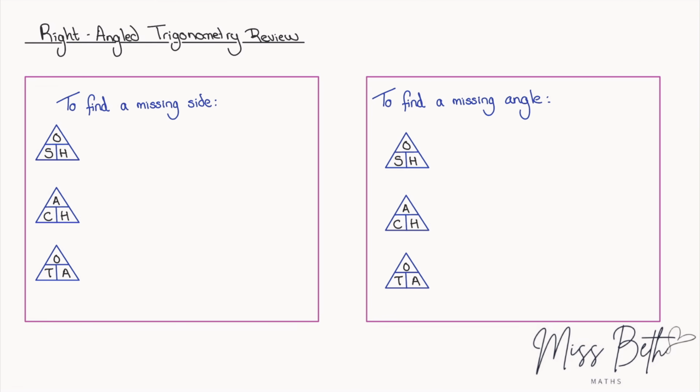Okay, so within our right angle trigonometry, we have a saying that you may have heard before. Really important to remember. So, SOH CAH TOA. Okay, there are a number of rhymes that you can use to help remember this as well.